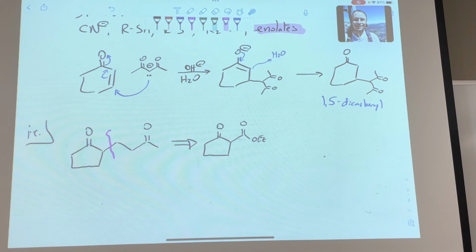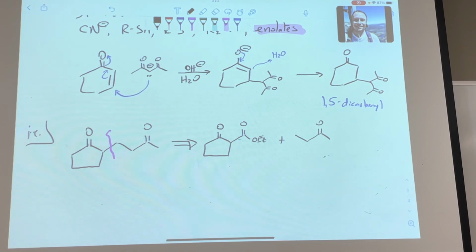Well, that's just going to be whatever wasn't part of the donor, so basically everything to the right of that pink line that I drew. Would that be a viable Michael acceptor that I've drawn? No, I'm missing something, right? It needs a double bond. There we go. So this would be a viable Michael donor acceptor pair that we could use to get that 1,5-dicarbonyl.